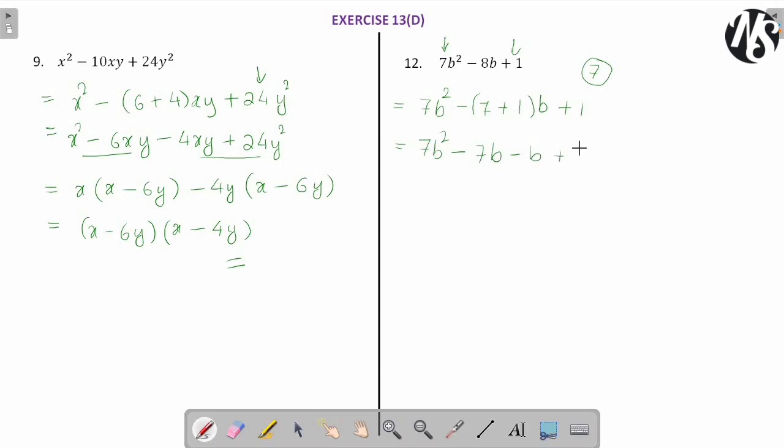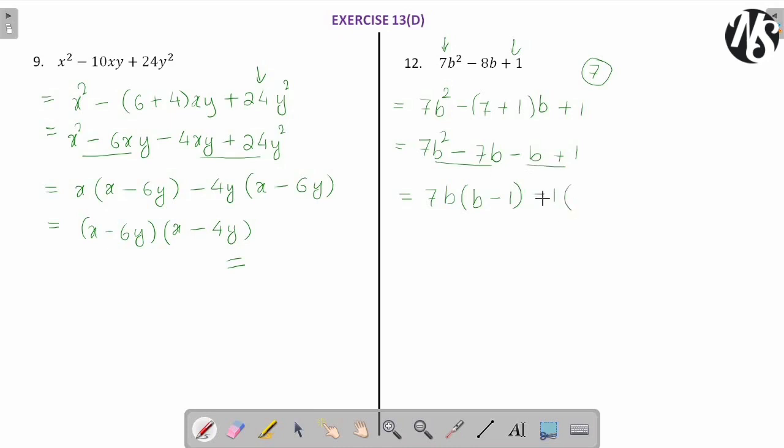We have plus 1. Now among these two, is there anything common? No. Or yes, there is, the common thing is 7b. So 7b, if 7 is gone, so out of b squared, if b is gone, you get only b. Now minus 7b is gone, right? 7b is gone means only 1 is left. Now from here nothing is common, so take minus 1 common.